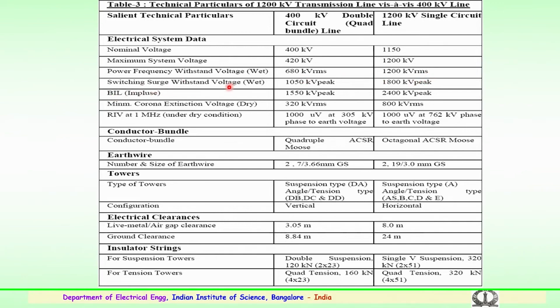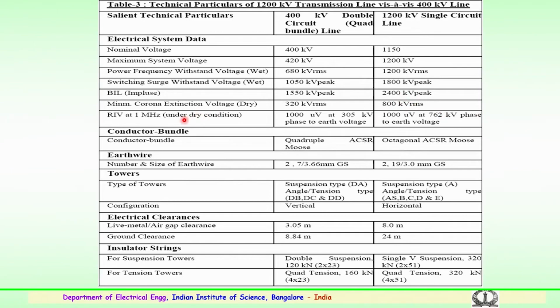Switching surge withstand voltage requirement is 1050 kilovolts peak, that is a wet condition, and here 1800 kilovolts peak is required for switching surge. Lightning impulse or the basic insulation level required for 400 kV is 1550 kV peak, whereas for 1200 kV it is 2400 kV peak.